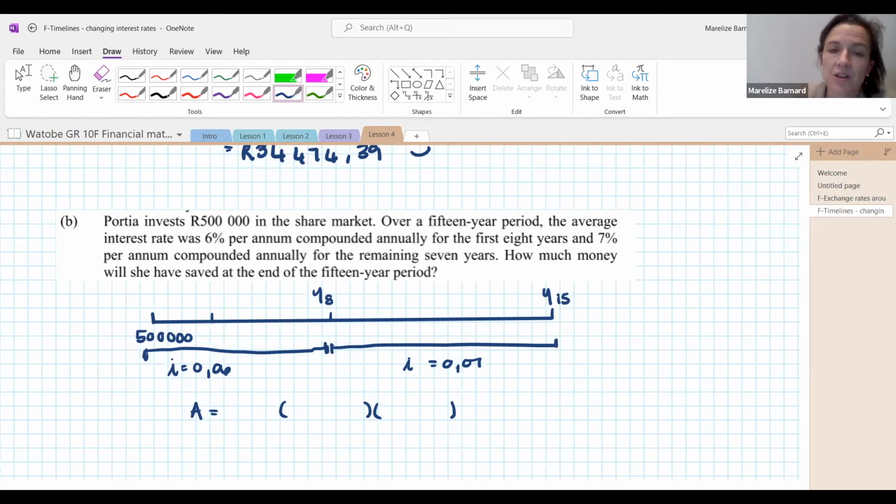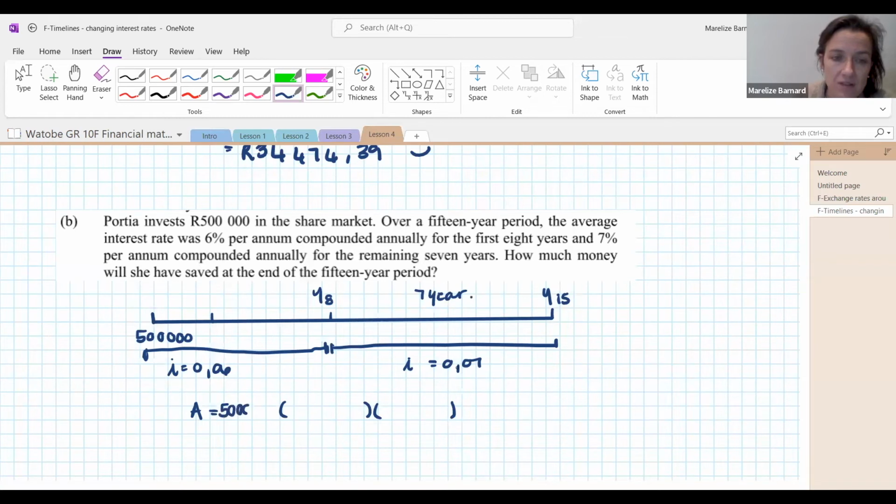Okay, so your timeline should look a little bit like that with the different interest rates, and then year 8 and year 15. So we've got an 8-year period and another 7-year period that we need to grow our money.